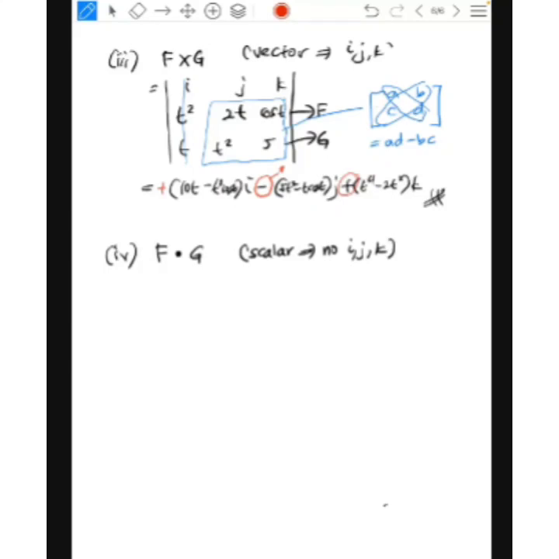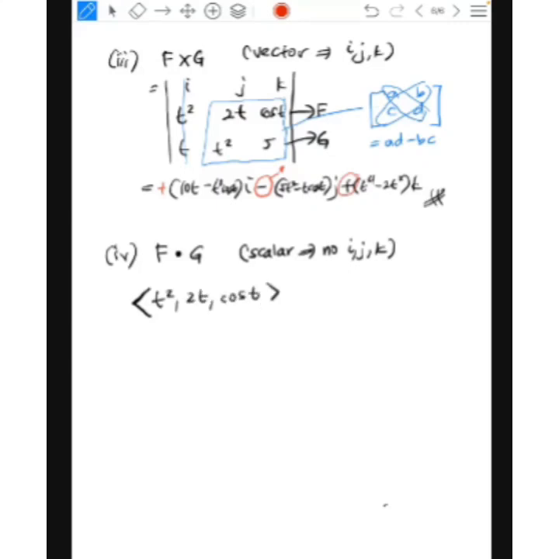Okay, so we do the dot product for F. Basically whenever you do dot product, it's better if you write in terms of bracket, the pointed bracket. It's easier because we can multiply each term, okay? T squared, 2t, cos t. Okay?